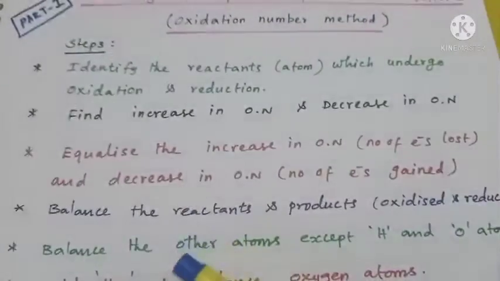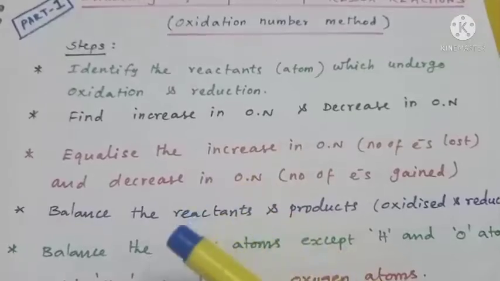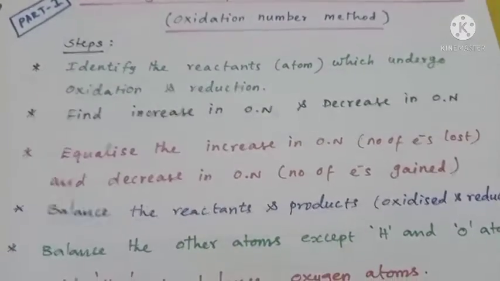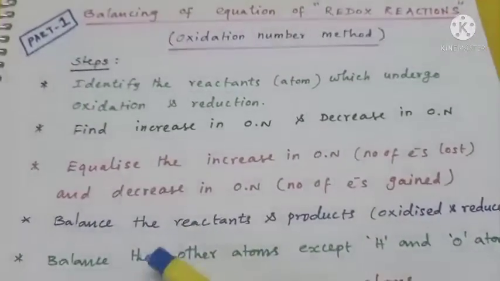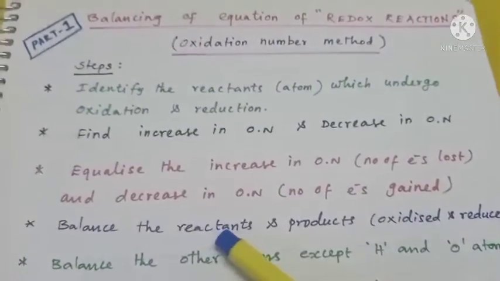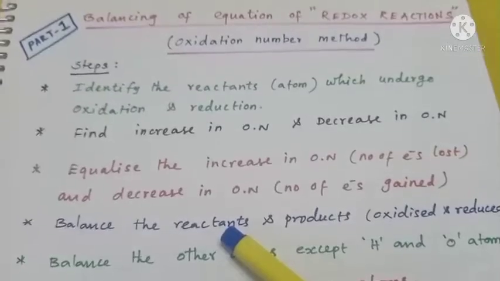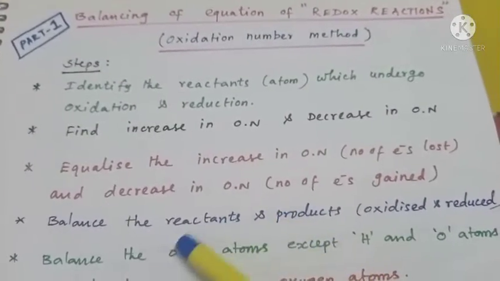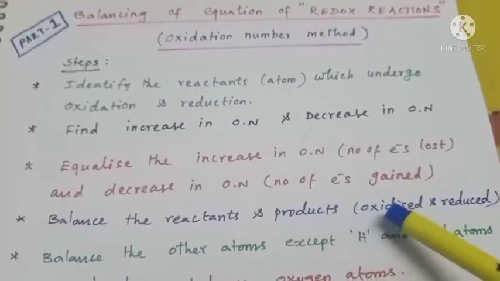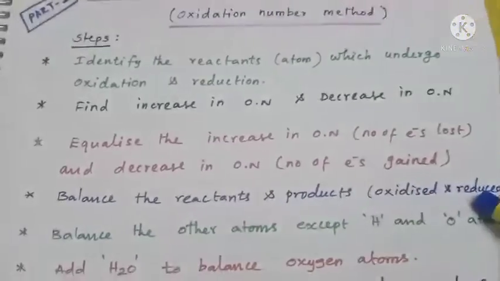Now we get an equation in which the oxidation number increase and decrease are equal. Thereafter you have to balance the number of atoms, that is the atom which is oxidized as well as the atom which is reduced.